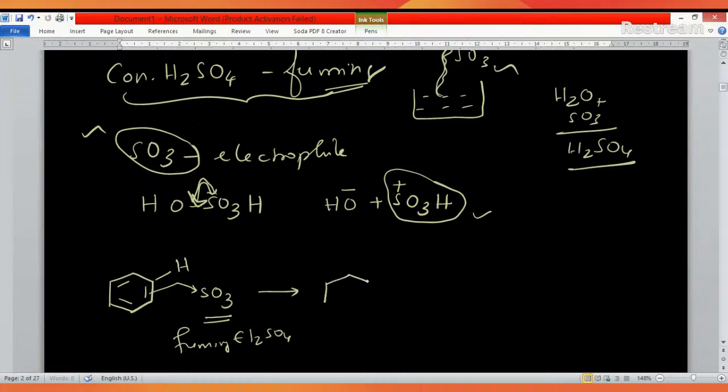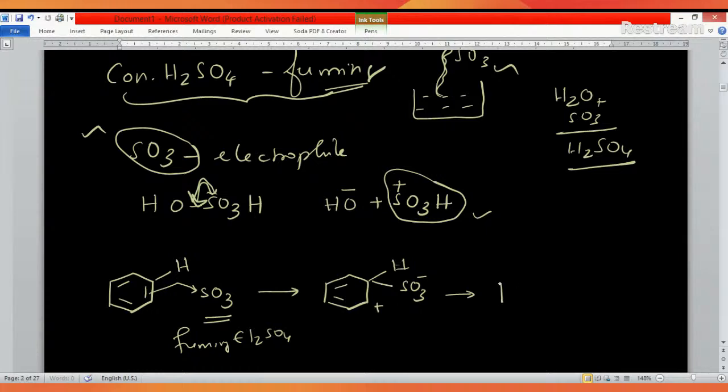So what would be the intermediate? This is the intermediate, with H. After receiving the electrons from the ring, it carries SO3 minus temporarily, because we took a neutral form of sulfur trioxide. On getting electrons from the ring, it becomes electron rich, SO3 minus. And this is the position carrying plus.